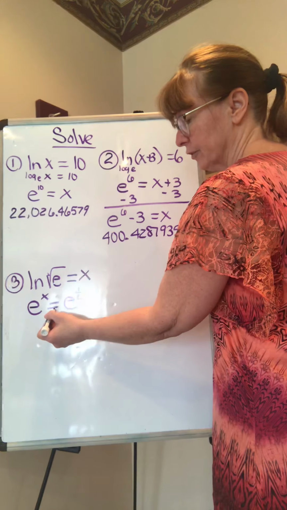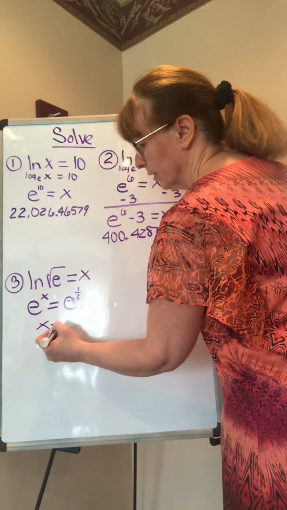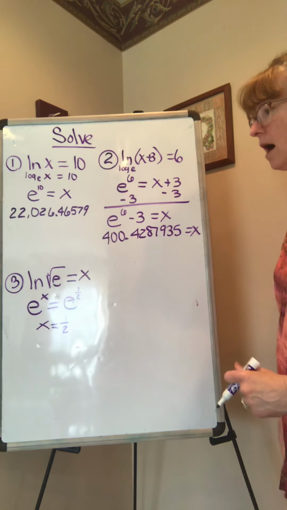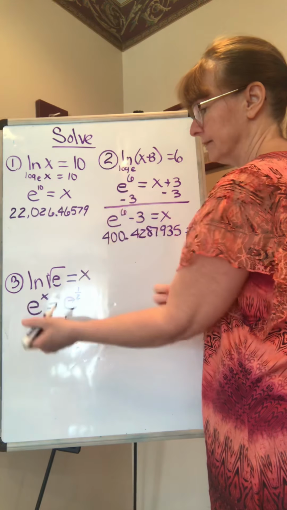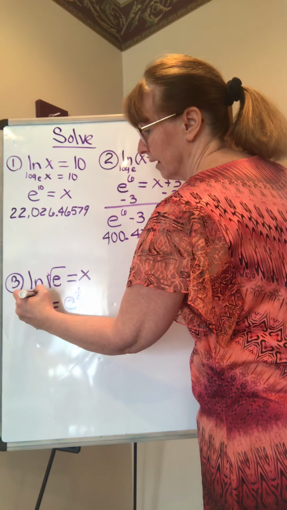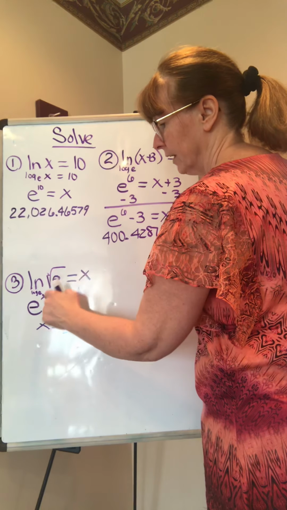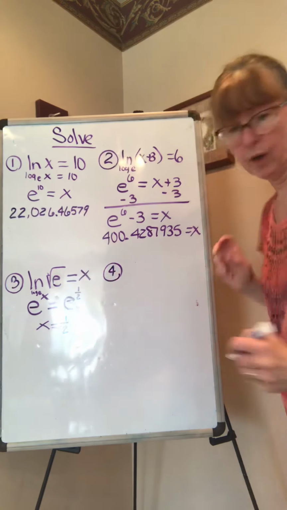Well, these sides are equal. The bases are equal, therefore the exponents are equal. Same rules apply. It looks a little crazy. Now here I didn't rewrite natural log as the log base e, so if it makes you feel better, you should write that in. This is the log base e, and that's how you got e to the x equals the power. Let's take a look at number 4.